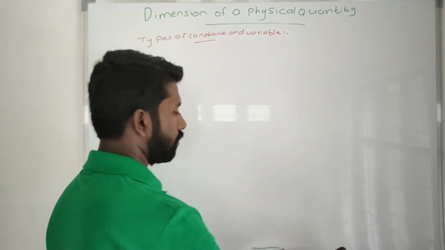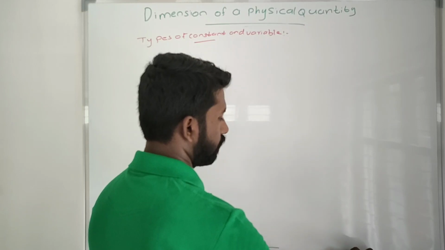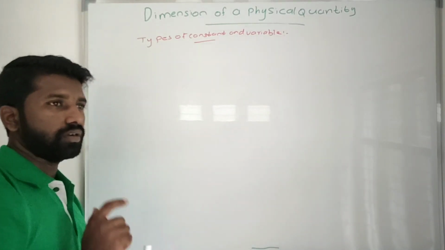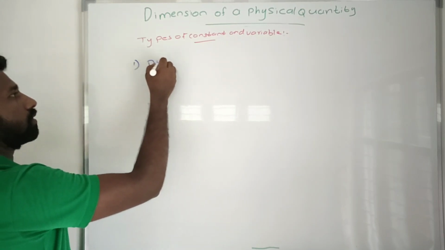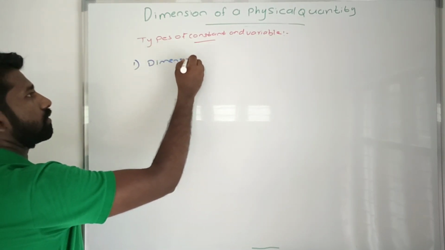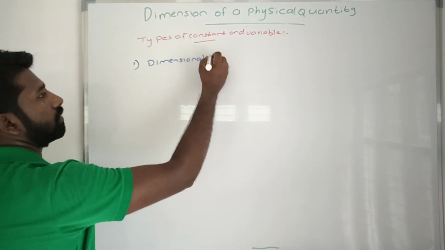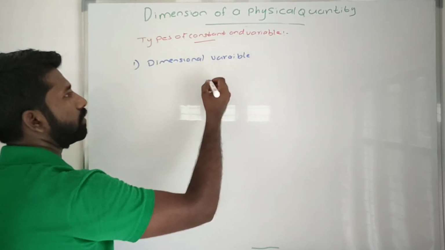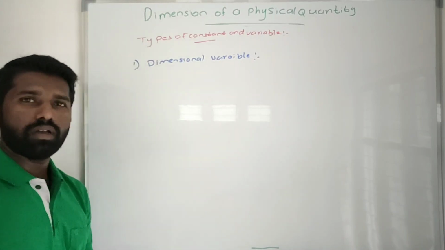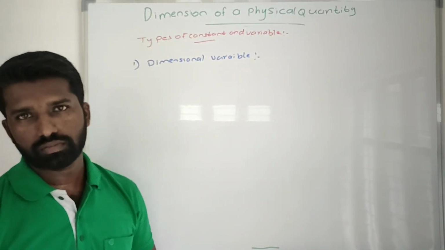Based on dimension, the constant and variable are classified into 4 types. First one is dimensional variable. That means the variable has dimension.